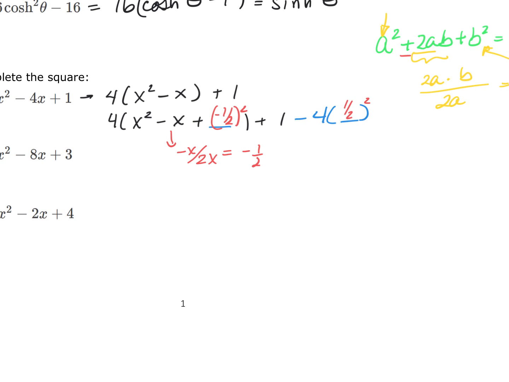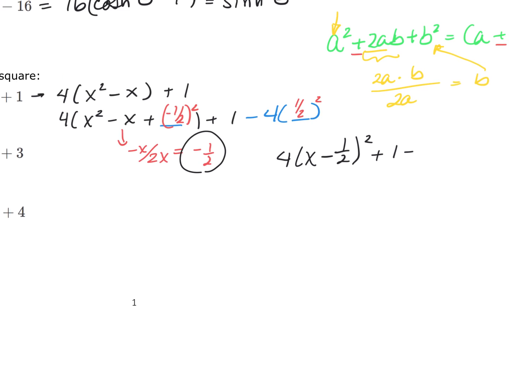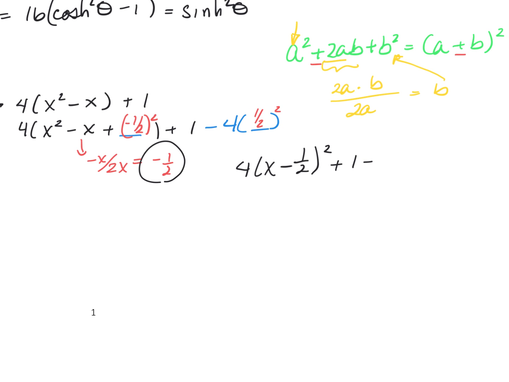So this then becomes 4 times x minus, and this value right here before I squared is what's going to go here. That's why it's a minus 1/2, the quantity squared. And then I have plus 1 and then minus 1/2 squared, which is 1/4, multiplied by 4, which gives me 1. And so I end up with 4 times x minus 1/2, the quantity squared. You're like, well, why didn't I just do that in the first place?